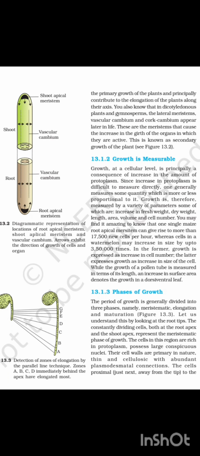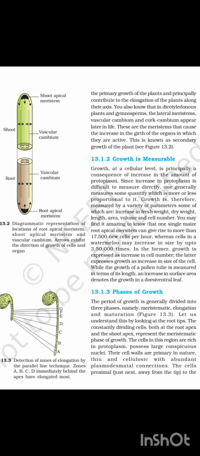These are the meristems that cause the increase in the girth of the organ in which they are active. This is known as secondary growth of the plant. See Figure 13.2. Figure 13.2 Diagrammatic representation of location of root apical meristem, shoot apical meristem, and vascular cambium. Arrows exhibit the direction of growth of cells and organs.